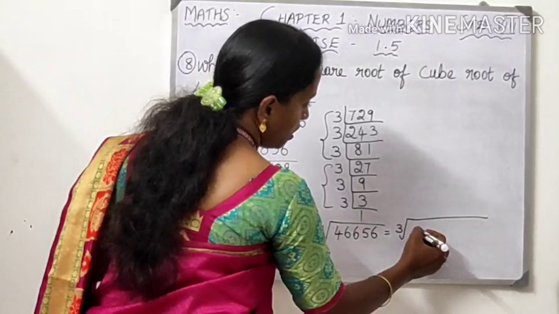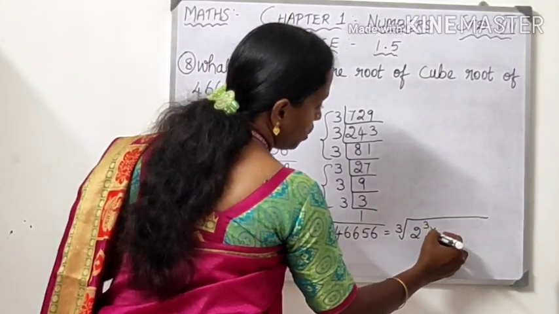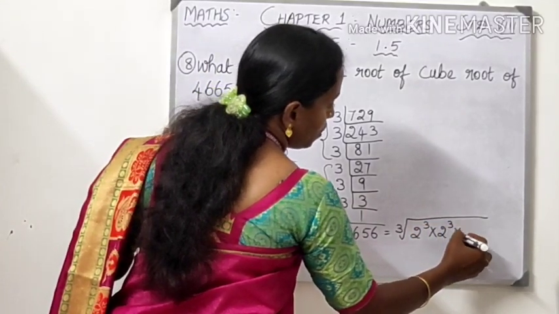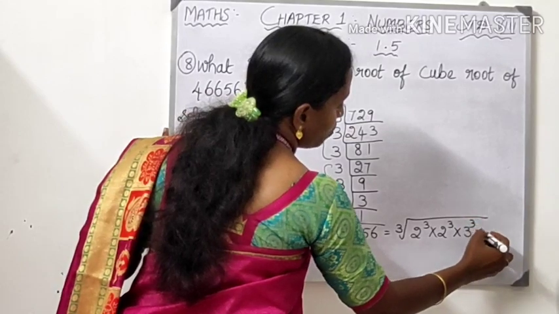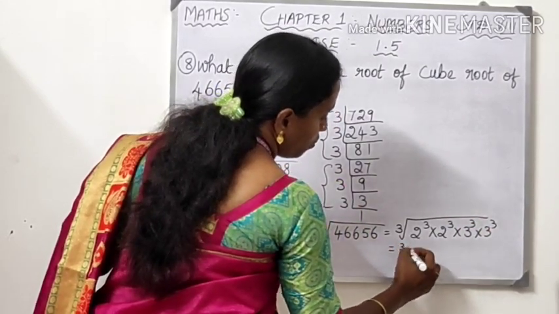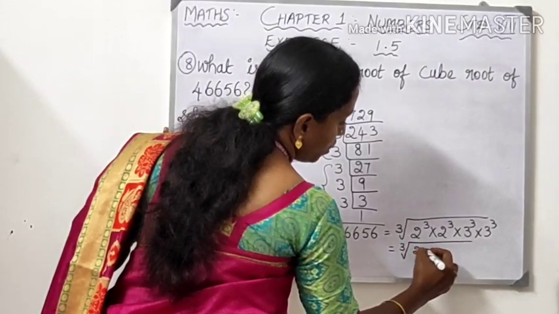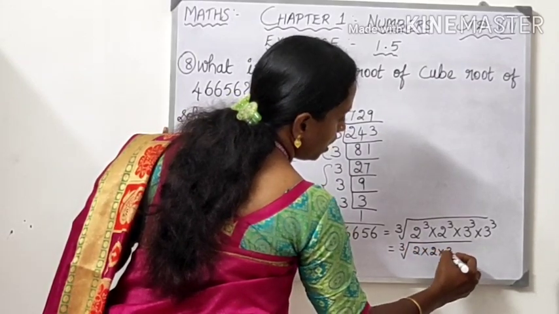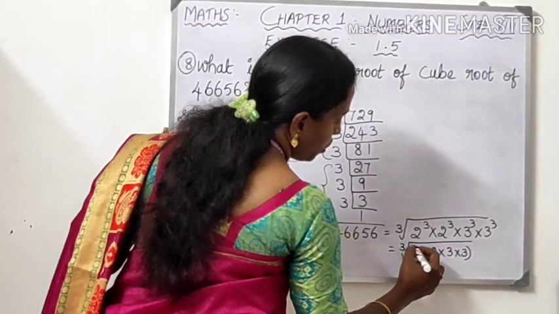So you can write here 2 to the power 3 into 2 to the power 3 into 3 to the power 3 into 3 to the power 3. So here we can write cube root of 2 into 2 into 3 into 3 the whole cube.